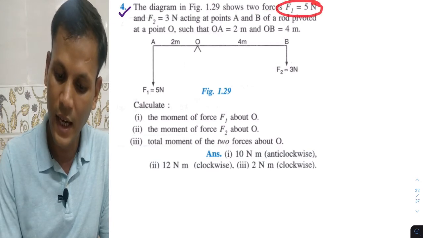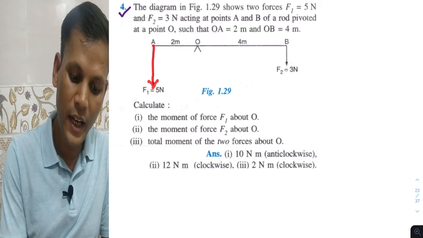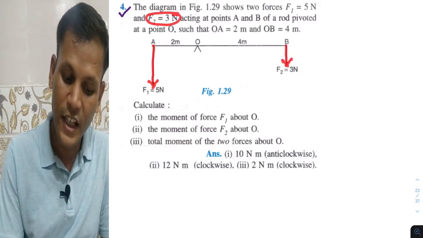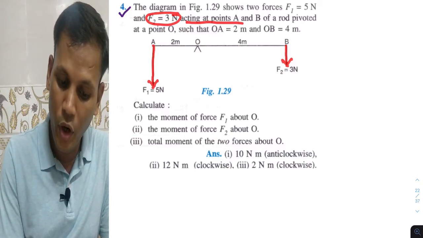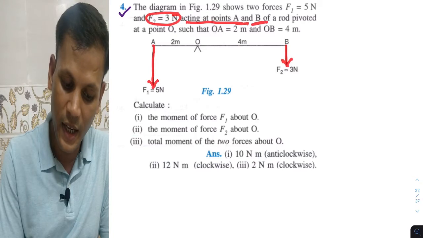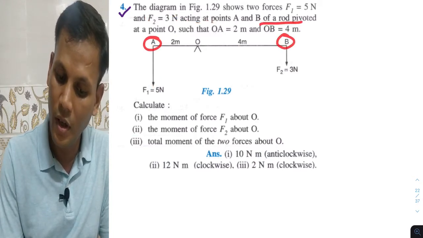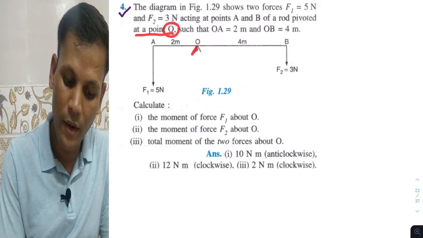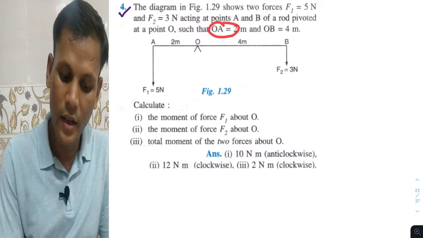F1 is 5 Newton and F2 is 3 Newton, acting at points A and B of a rod pivoted at center O, so that OA is 2 meter.